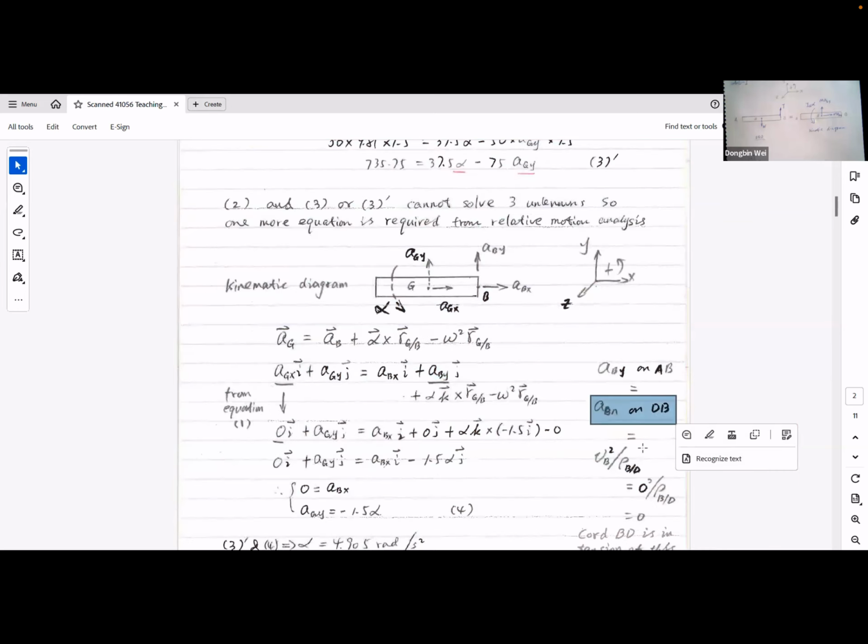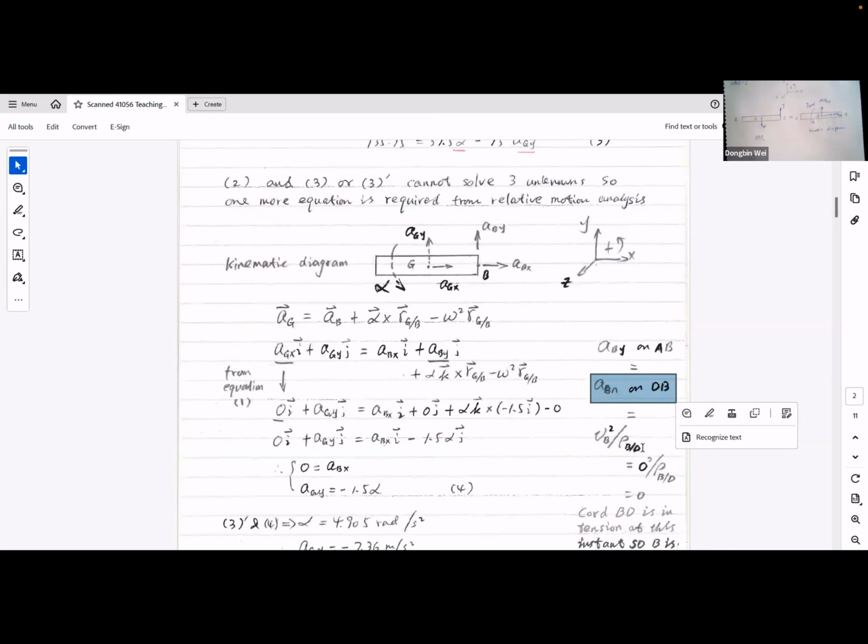We can use the knowledge we studied in particle dynamics. Okay? Because the point B on the cord DB, B will be undergoing a rotation about a point, the center point is at point D. Okay?